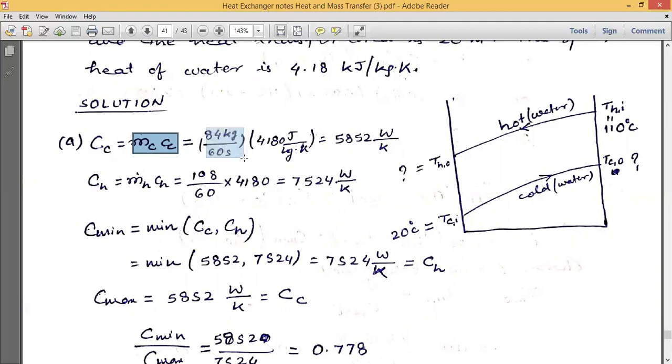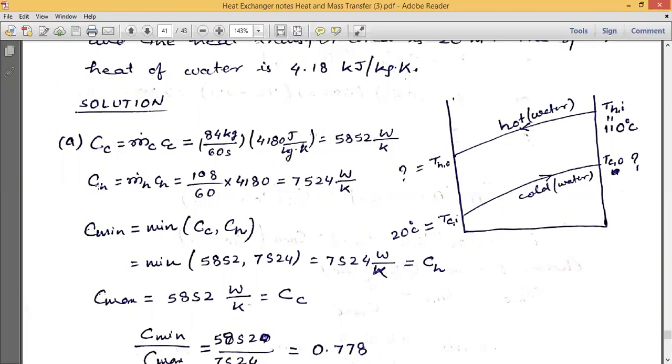So it is given as 84 kg per minute. So we need to convert it into kg per second. So it will become 84 kg per 60 second into 4180 joule per kg Kelvin. So finally we will get the value as 5852 watt per Kelvin.